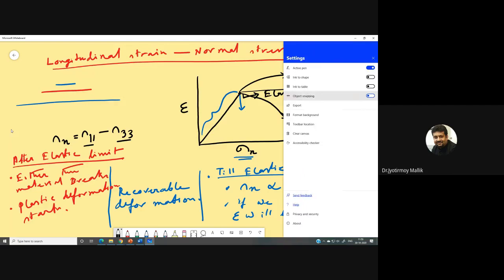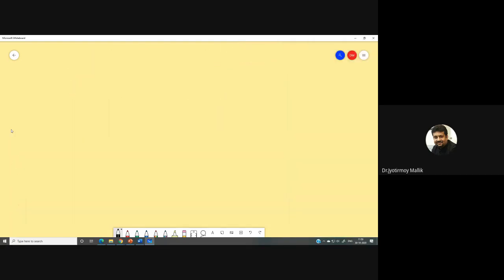Now, how do we define the elastic limit for bulk strain and for shear strain? In the case of bulk strain, we have to consider that bulk strain is volume change, either volume enhancement or volume reduction. So bulk strain we have to relate with pressure, which is isotropic.